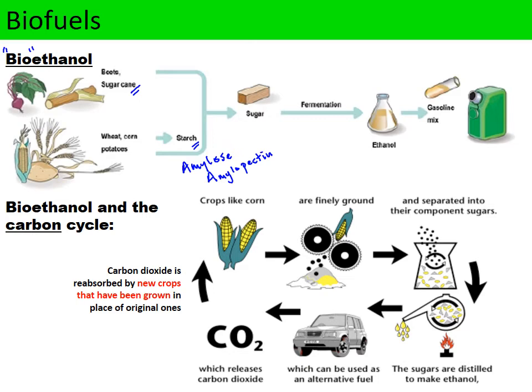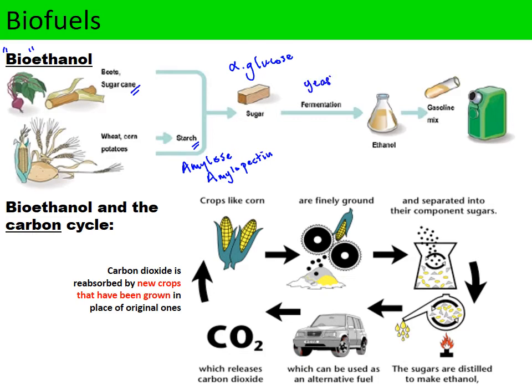So the starch, for example, is removed from the plant material, and that's then hydrolyzed into its constituent monomers. So alpha glucose is released from the breakdown of starch. The glucose is then used as a respiratory substrate for yeast cells.